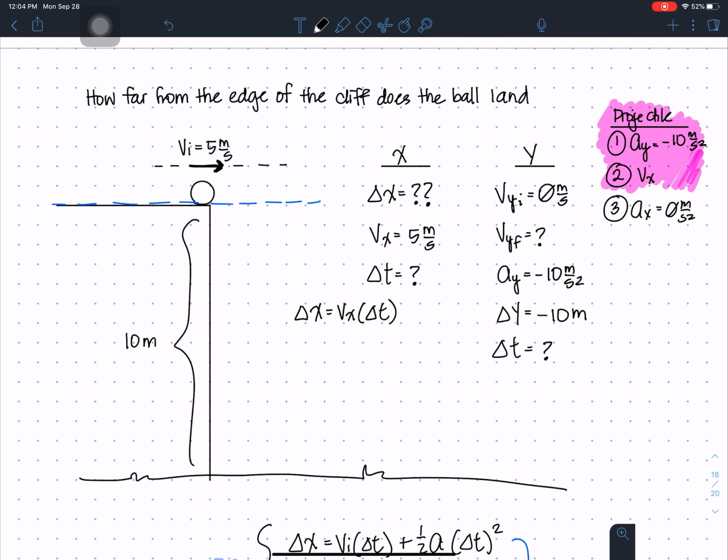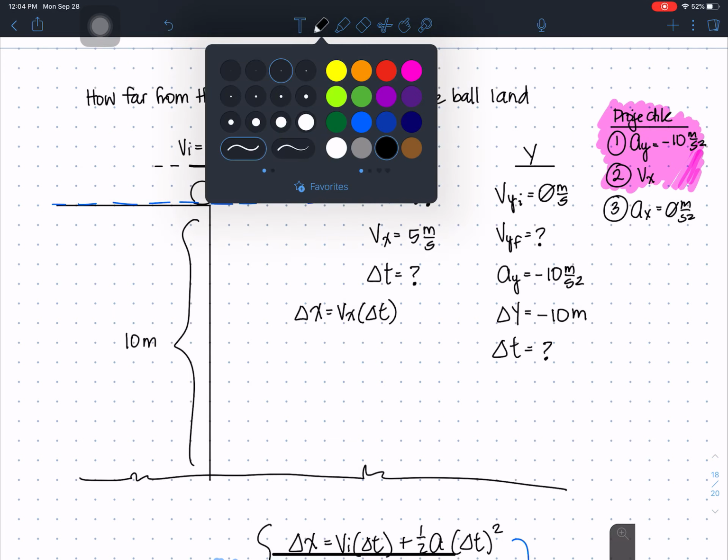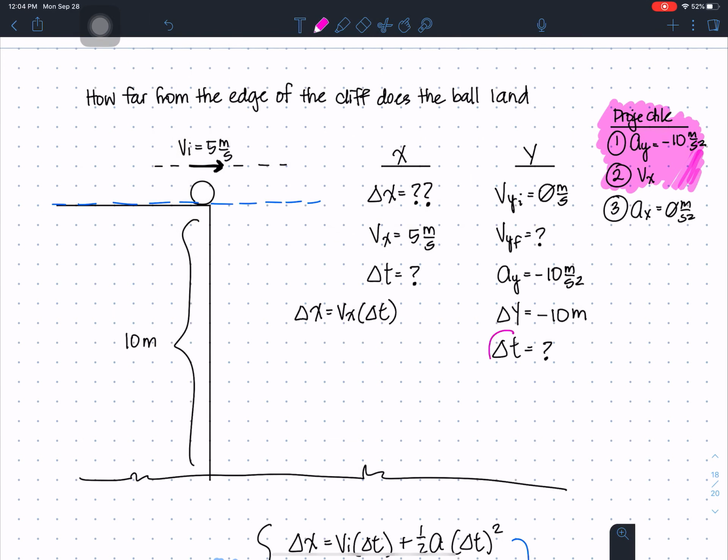Now here is the key to solving 99% of all of our two-dimensional kinematic problems, and that is this. Delta t does not have a subscript for a particular reason, and that's because the delta t between the x and the y of one singular motion is the same. You can imagine someone kicking a soccer ball in a parabolic motion down the field.